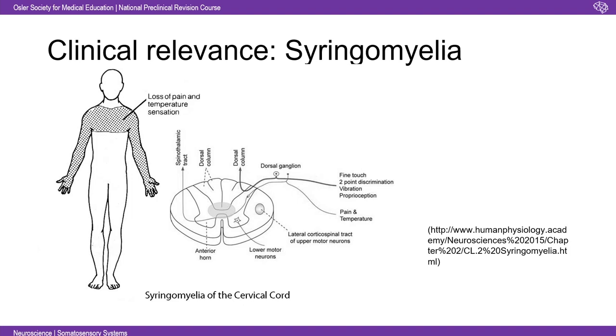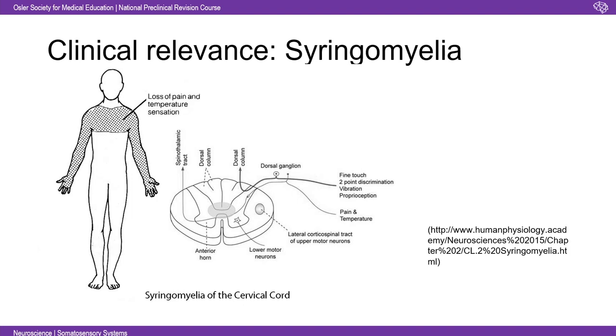And so this syrinx expands, and so it affects the fibres nearest to it. And the fibres that are affected soonest, so often the fibres that are affected when someone presents with the features of syringomyelia, are the anterior commissure.